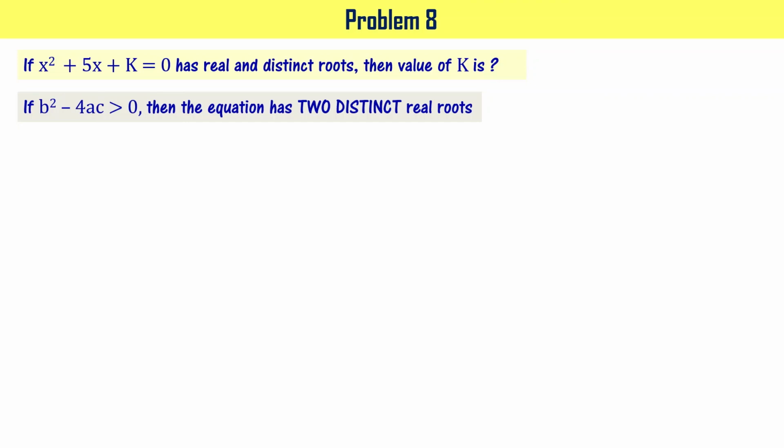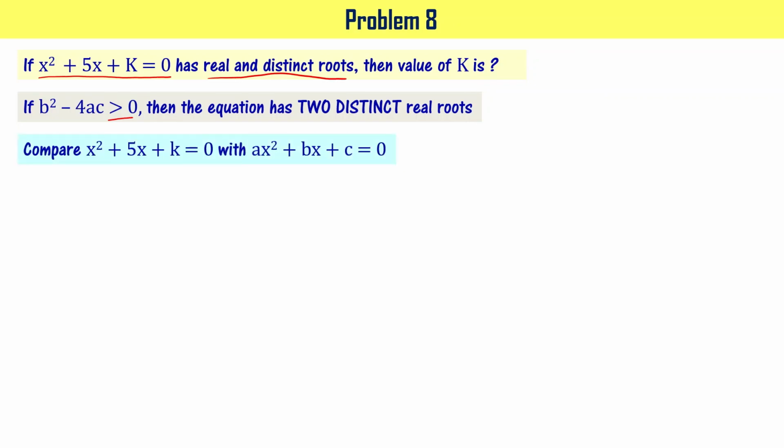It means for this particular equation, its discriminant has to be greater than 0 so that you will have real and distinct roots. When you compare this equation with ax square plus bx plus c equal to 0, you will say that a equal to 1, b equal to 5 and c equal to k, right?